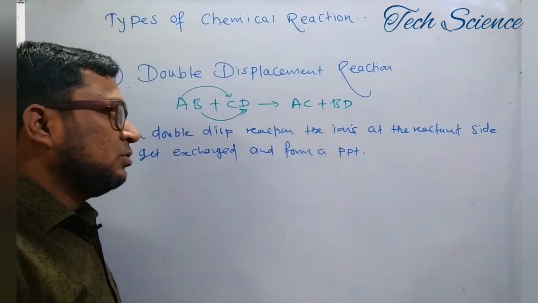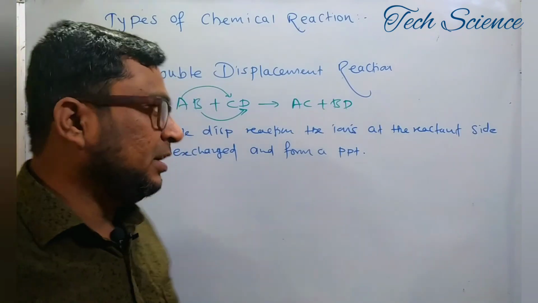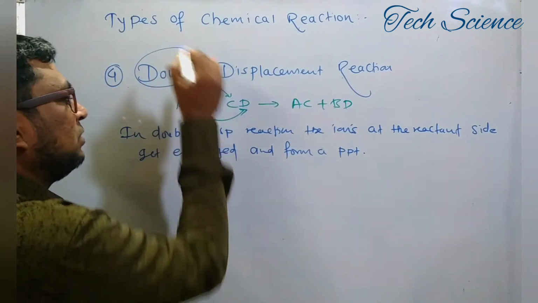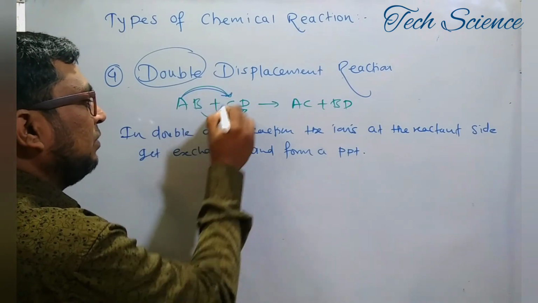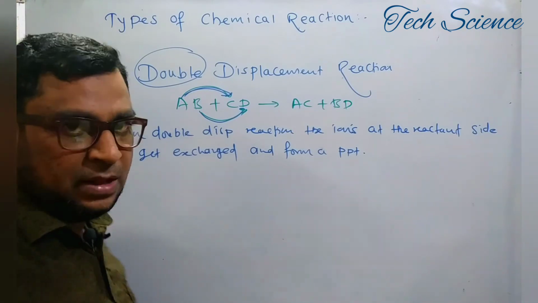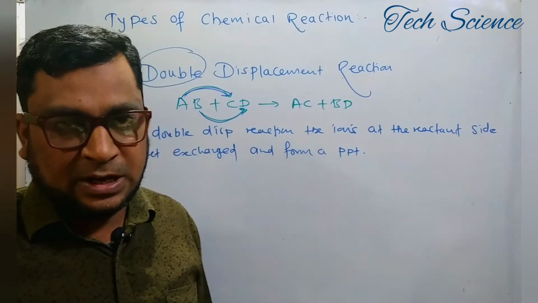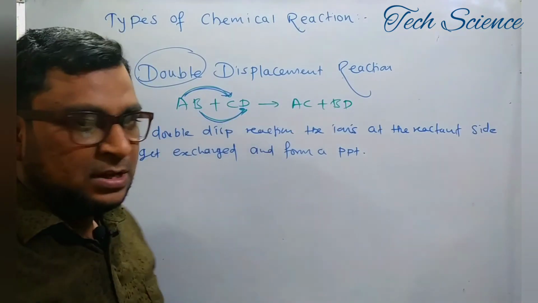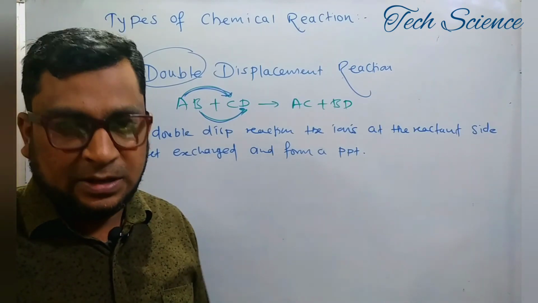Displacement occurs, but how many times? Two times. The first with the second, and the second with the third. That's why it is called double displacement reaction.